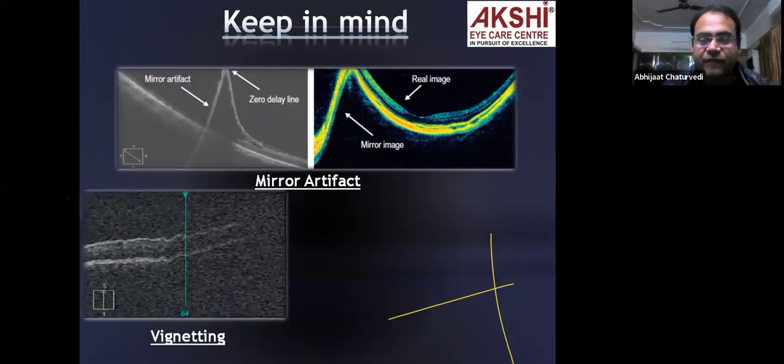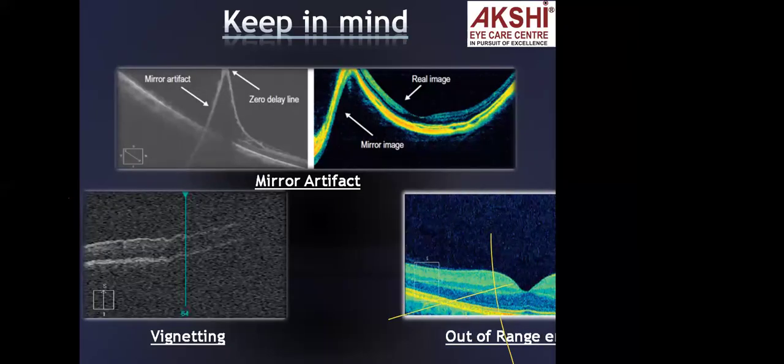After the mirror artifact, you can see that there is some vignetting in this image. Vignetting means basically shadowing. While recording an OCT image, there should be no shadowing. Nowadays, with the advanced machines, we many times take a scan in undilated pupils, but you can very well get vignetting in the undilated stage, so it's never advisable to do that.